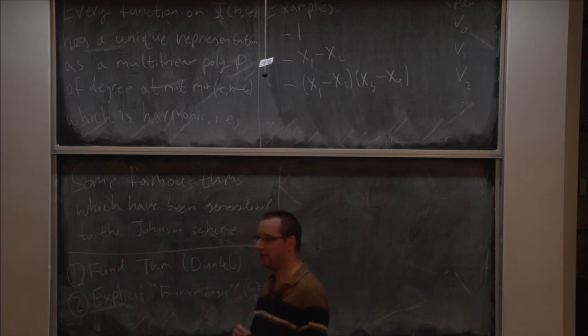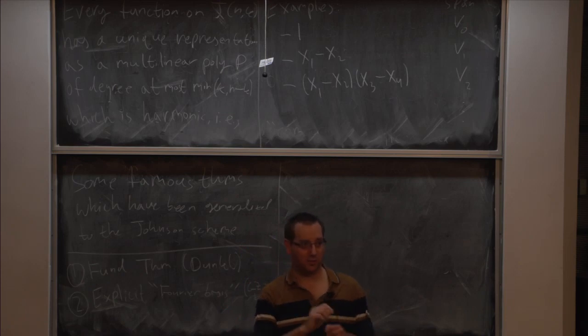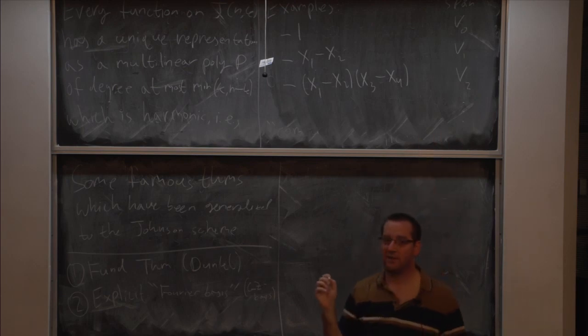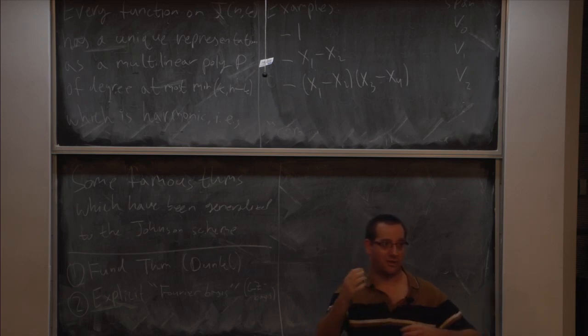The thing about this basis is that it's not canonical. It depends on an ordering of the coordinates. And you can see that you can't get anything canonical because, let's say for V1, the dimension of V1 is n minus 1. So you can't use one function per coordinate. You need to use fewer.